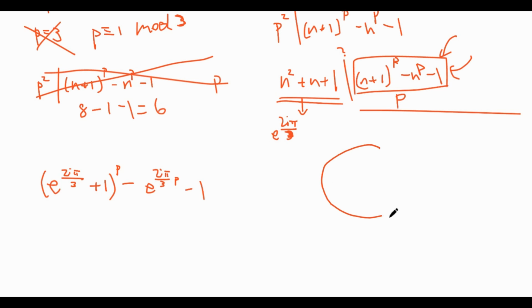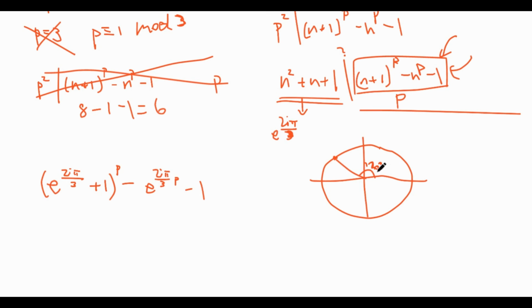let's see if we graphed e to the 2i pi over 3 onto the complex plane. It's this thing right here. So if we multiply by p over here, it's basically going around this many degrees p times, and since this is 120 degrees, going around p times is going around 3 times plus an extra time.